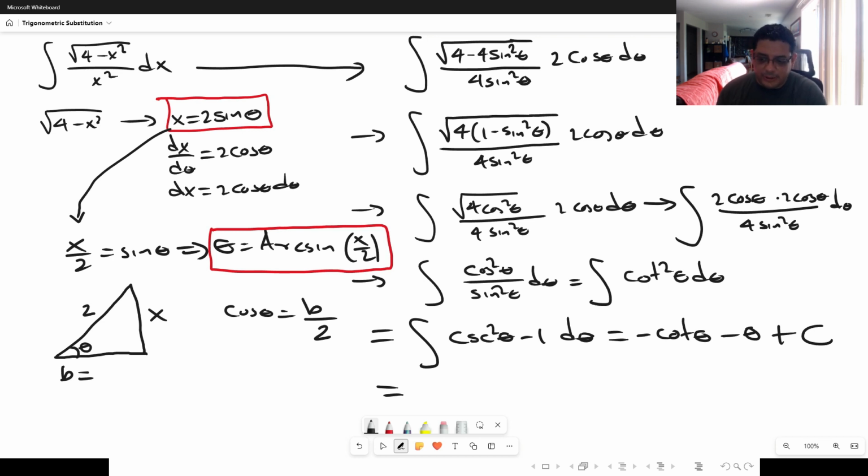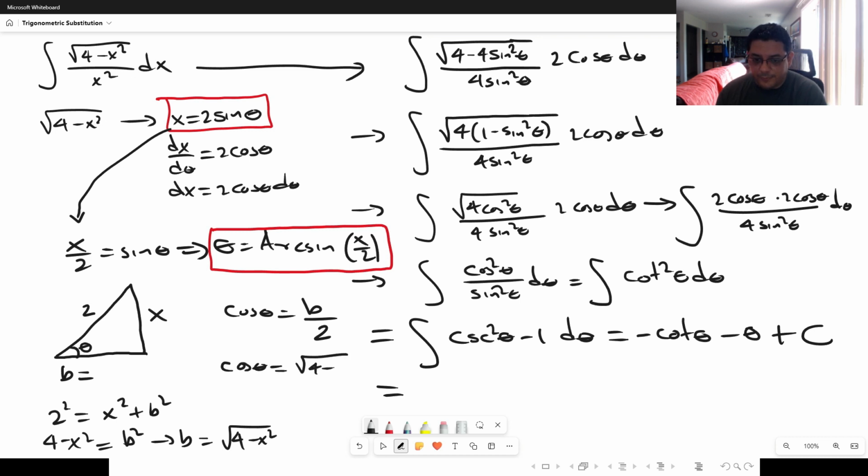Well, I can do it with the Pythagorean theorem. 2 squared is equal to x squared plus b squared. And so this means that 4 minus x squared is going to be b squared, or b is the square root of 4 minus x squared. Okay? So that means that the cosine of theta is going to be the square root of 4 minus x squared over 2.